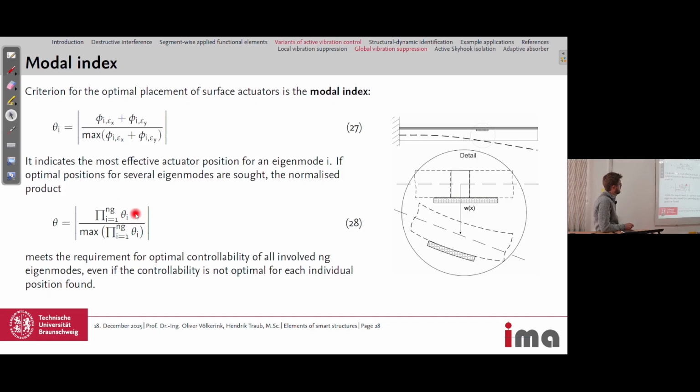And here we have again the actual surface strain where we would place the actuators, because in real structures we are not able to place all actuators in the optimal positions. To find the best trade-off for the positioning for different eigenmodes, we can calculate this modal index. So even if the controllability is not optimal for each individual position, we can judge the trade-off with this.